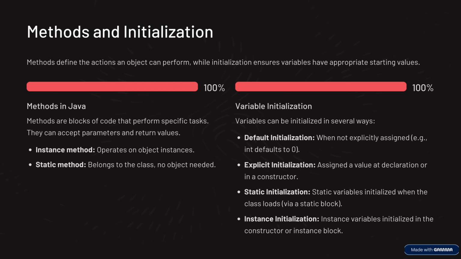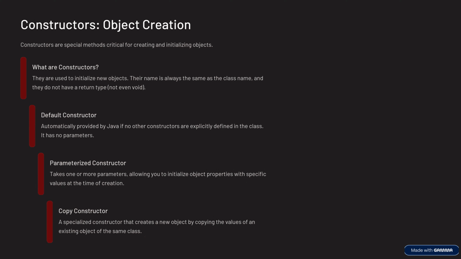Explicit initialization: assigned a value at declaration or in a constructor. Static initialization: static variables initialized when the class loads, via a static block. Instance initialization: instance variables initialized in the constructor or instance block.